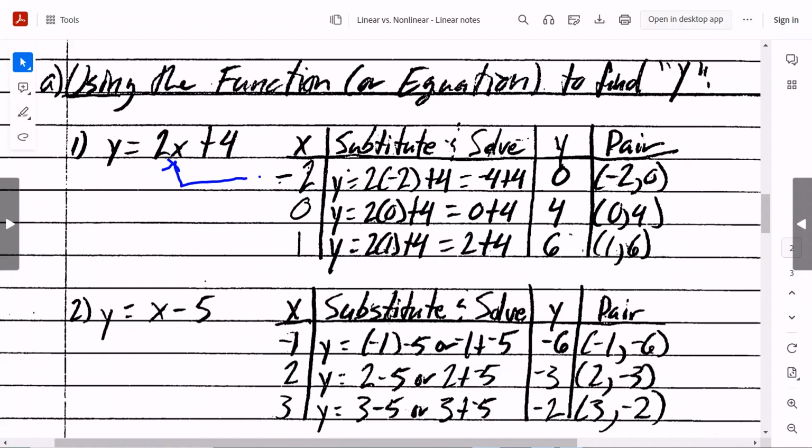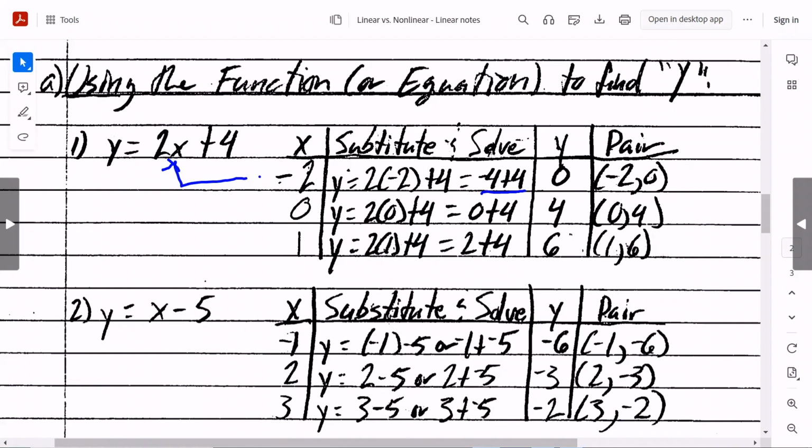So now it says y equals 2 times negative 2 plus 4. Now it's just order of operations, right? You do your multiplying, then you do your adding. So 2 times negative 2 is negative 4, and then negative 4 plus 4 is 0.